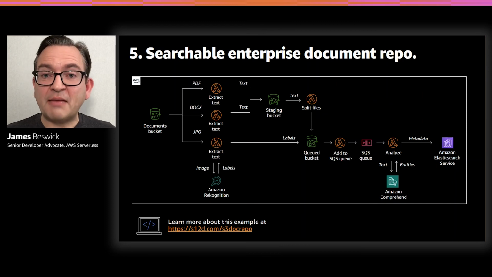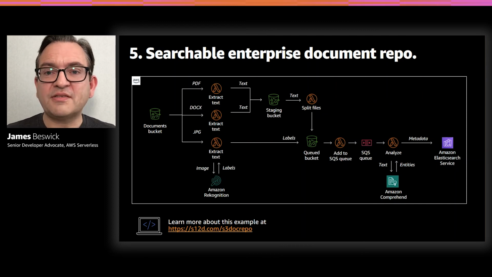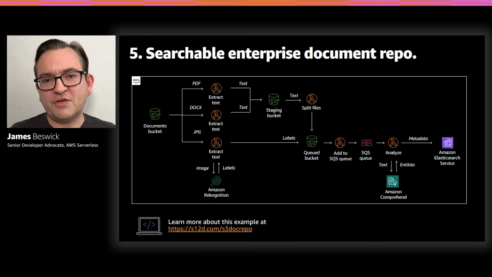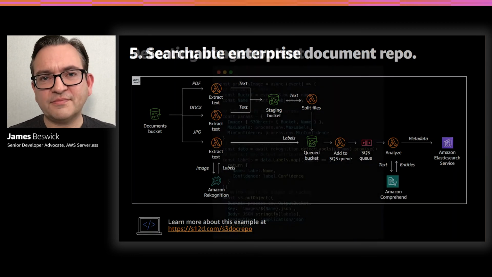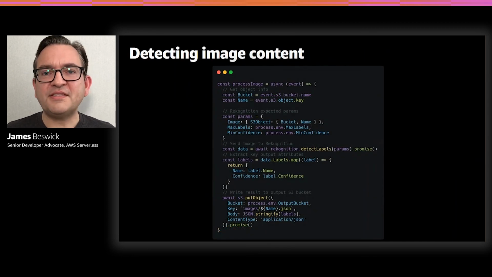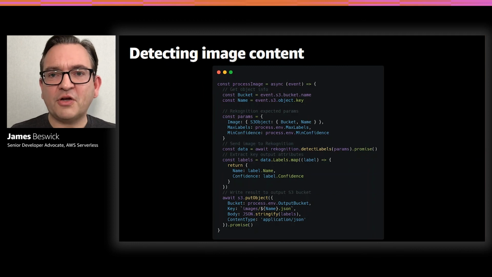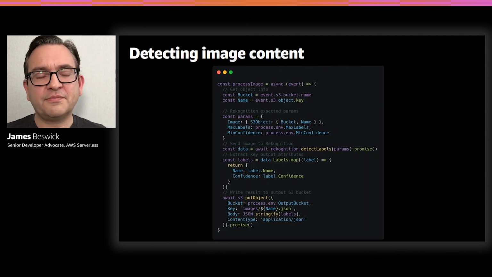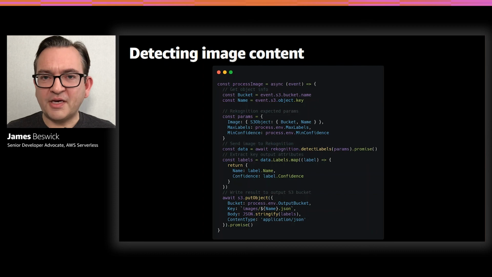The code in each Lambda function is really very minimal, since the solution uses AWS services to do the heavy lifting. For example, this is the code for detecting the image content in JPEG files. First, it retrieves the bucket name and object key from the S3 event that triggered the Lambda function.